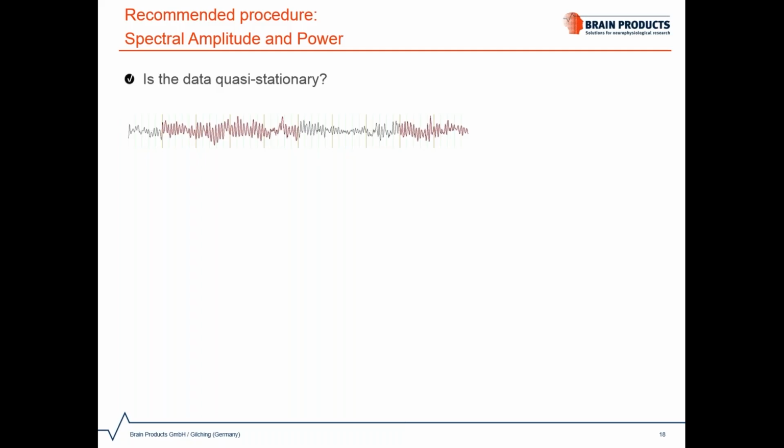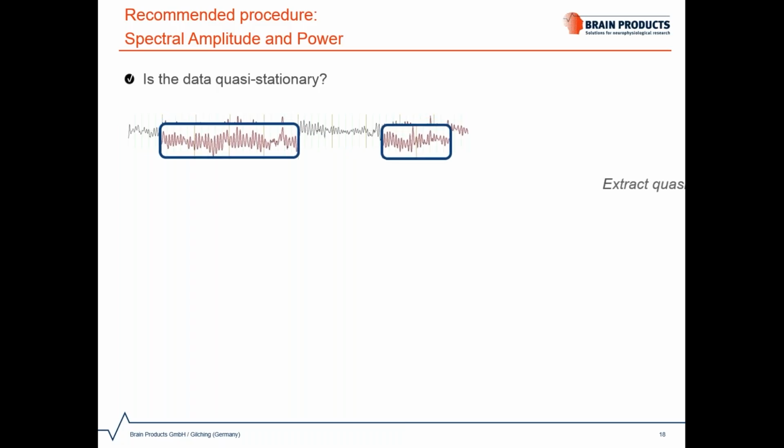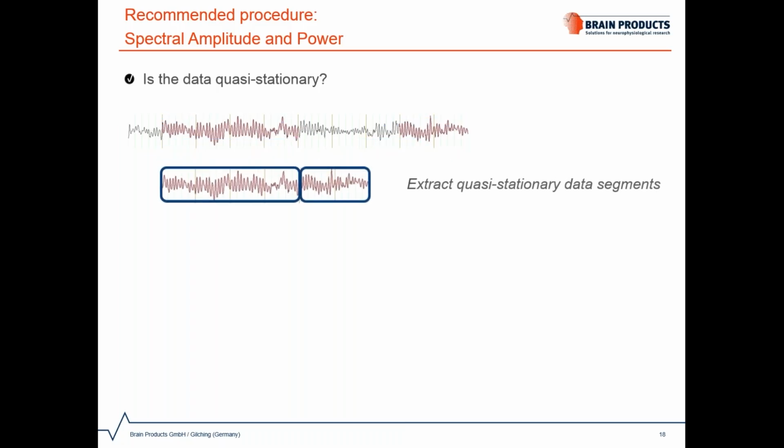So when we think of integrating FFT in our EEG analysis pipeline, the most relevant step next to pre-processing your signal is to extract portions of data that can be considered quasi-stationary. This means to perform segmentation. An example will be extracting portions of eyes open or eyes closed task from a resting state paradigm.